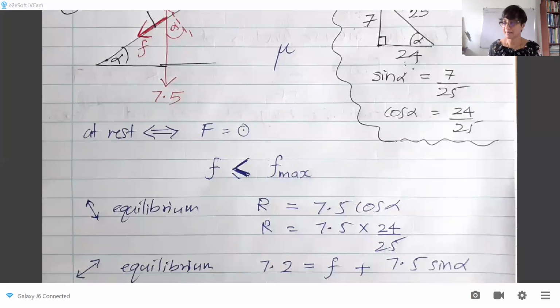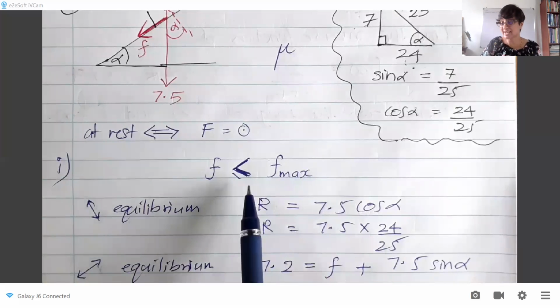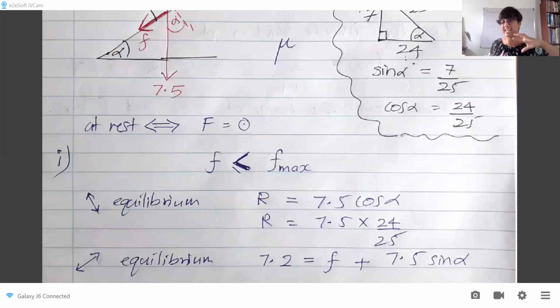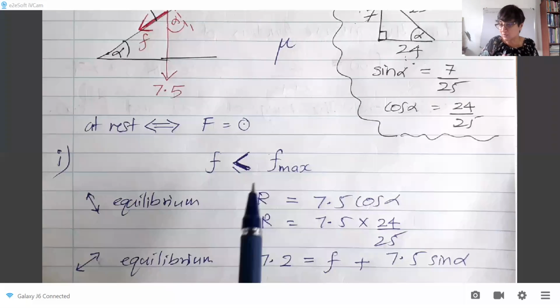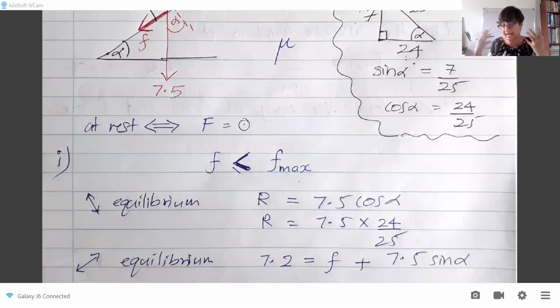Now, this is part 1. It's clear that I have to use this condition to get that inequality, because it's an inequality. This is the only place where I have some inequality condition. The friction acting in my scenario is less than the greatest friction that can act between these two surfaces. Shall we find F max? What's the maximum friction that can act? That is not the force that is acting here.